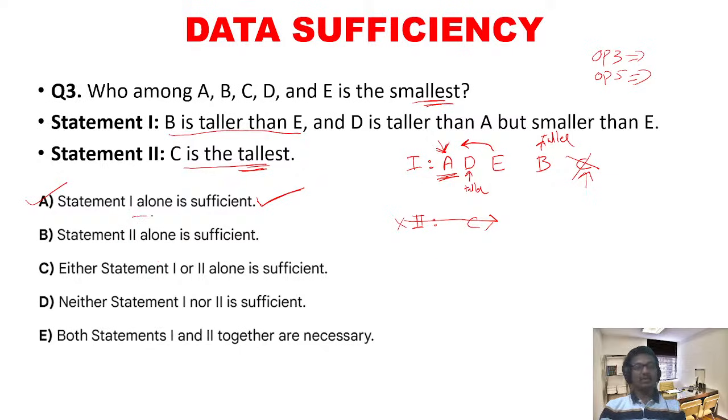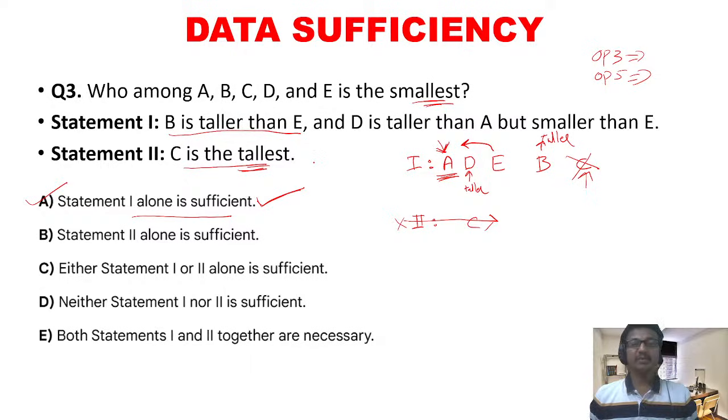Statement 1 alone is sufficient. In data sufficiency, you should arrive at the solution without any doubt. Okay, so you are able to identify the smallest person.